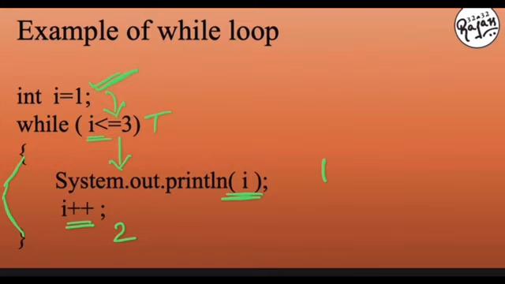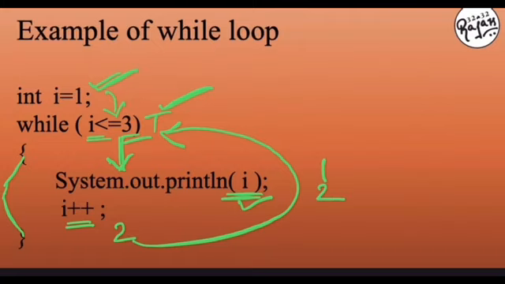After the value of I is changed, it takes you back to the condition part and it is checked. So 2 less than equals to 3, the condition is still true. So you get inside the loop again and it prints the value of I. This time the value of I is 2. Again you come back to the update part, I++, from 2 it makes it 3.